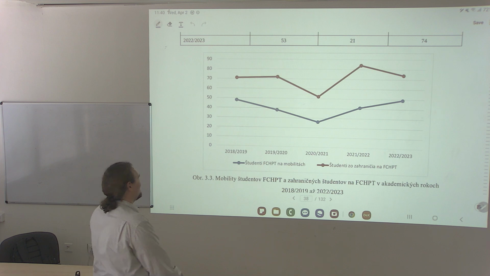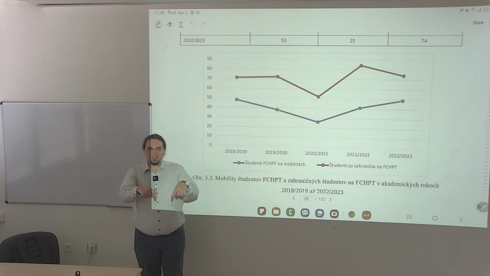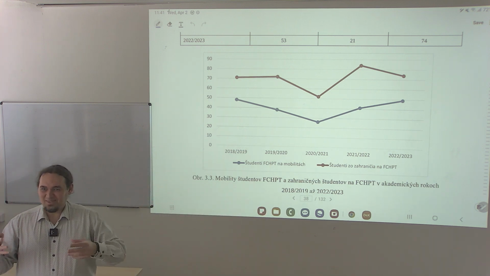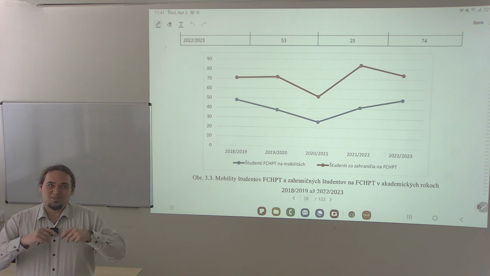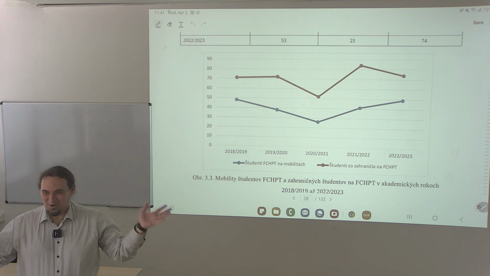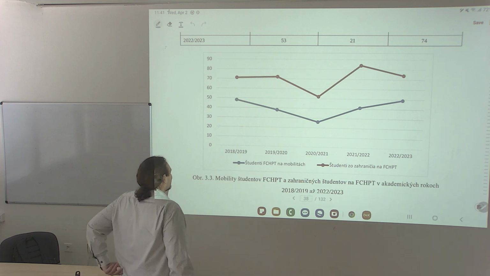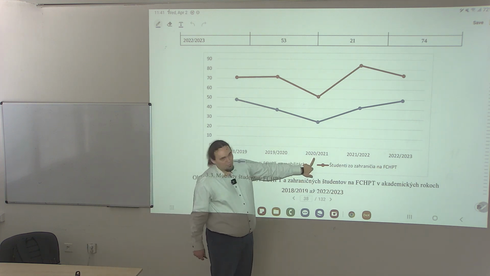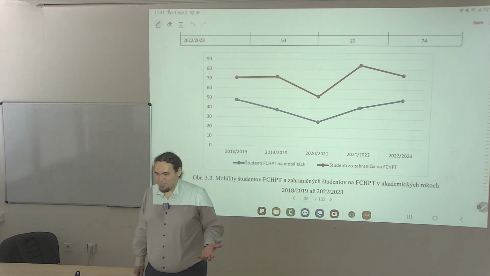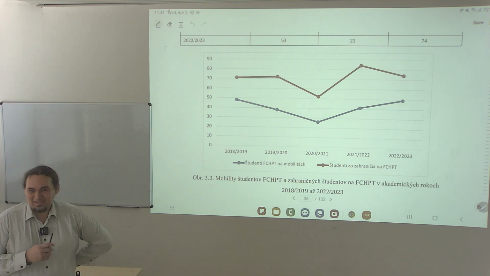Is there some magical power, if fewer students from our faculty decide to go abroad for Erasmus, that will hold the students from all over the world from coming to our faculty? It doesn't seem so. We can, of course, deduce that there is some common factor which influences these. Yes, it was the COVID pandemic that reduced these numbers.